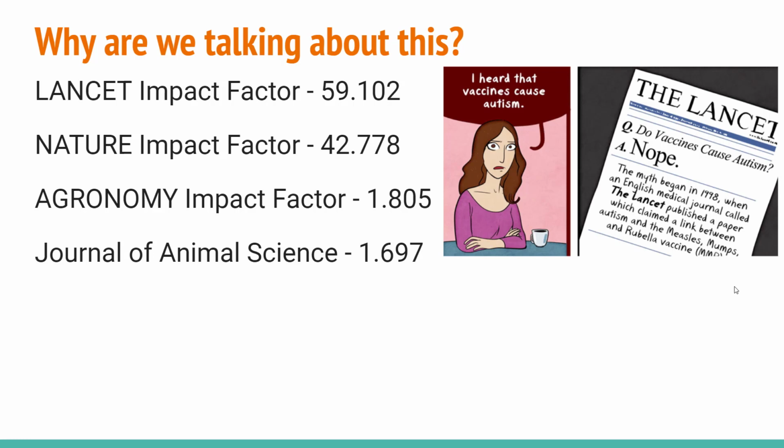In 1998, Andrew Wakefield published a journal article that basically stated that vaccinations were linked to and caused autism. What we found out a couple of years later is that he falsified a bunch of his data. Even the intensive peer review process didn't catch this falsification.